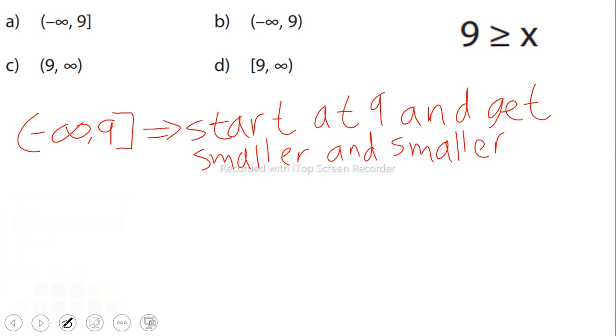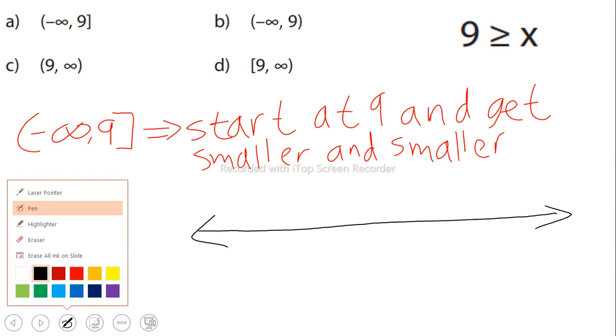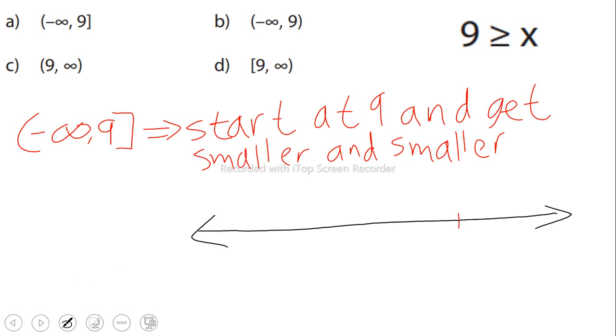So how would we represent that on a number line? So we want to start at positive 9 and we want to get increasingly smaller.